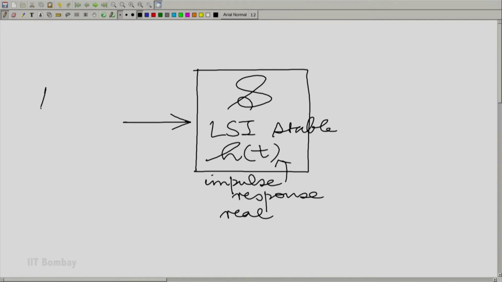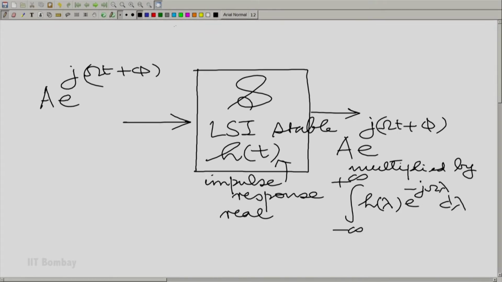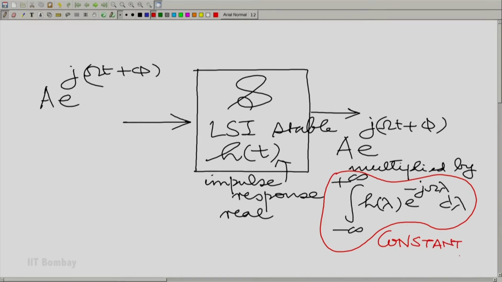When we give it a e raised to the power j(omega t plus phi), what we get is a e raised to the power j(omega t plus phi) multiplied by what is essentially a constant independent of time. It's a constant that depends on h and depends on omega, but otherwise it is independent of t. That is what I meant by constant.